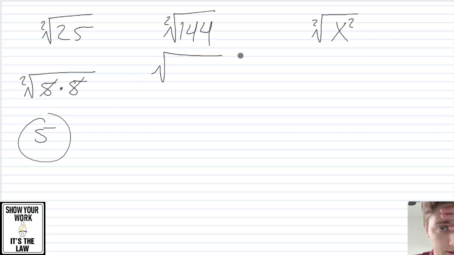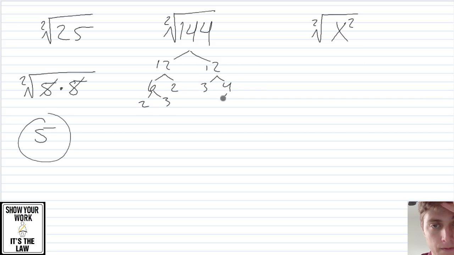Let's take a look at this over here. Let's do a factor tree of 144 because this one's a little bit bigger. So I'll do the full factor tree for you. 144 can break down into 12 and 12. It can break down into 6 and 2, and 3 and 4, 2, 3, 2, 2. So we can put down all the factors inside here.